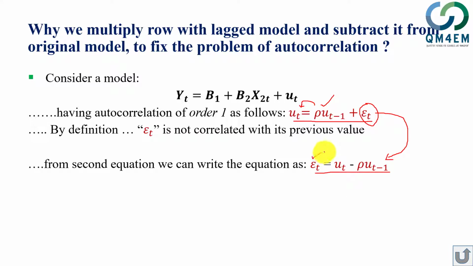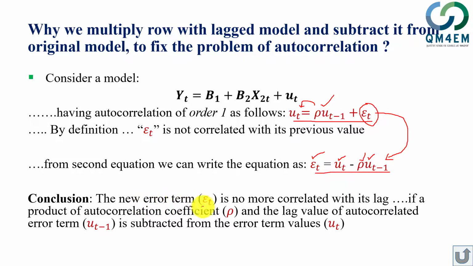This error term epsilon t is not autocorrelated. In other words, we can obtain an autocorrelation free error term if we subtract from the error term its lag value multiplied by the autocorrelation coefficient. That's the conclusion, that's the logic, and that's what I have written here.